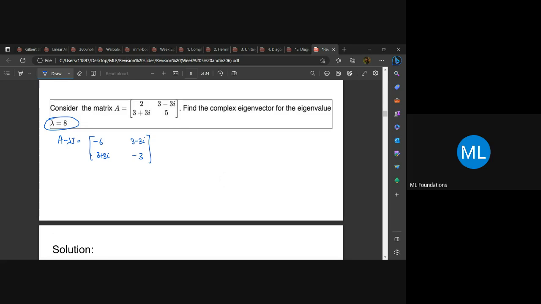So let's solve this. You'll have to do x1, x2 should be 0. So you get minus 6x1 plus 3 minus 3i, x2 equals 0, and 3 plus 3i, x1 minus 3x2 equals 0.